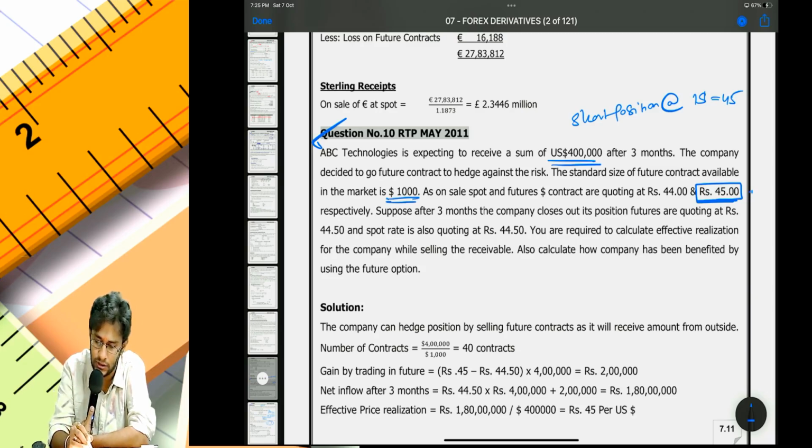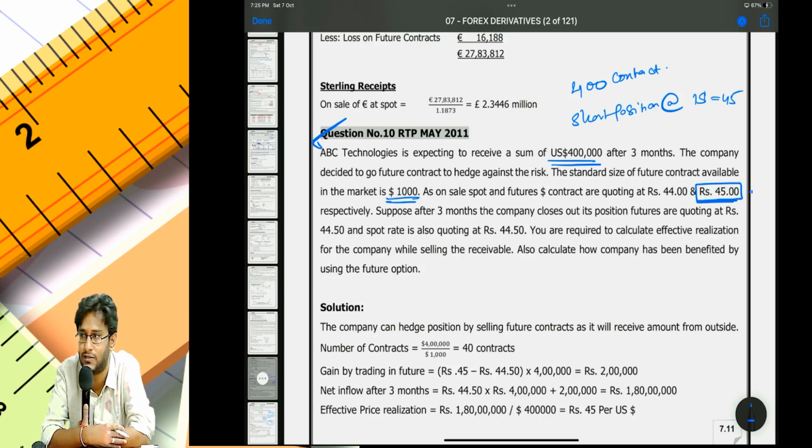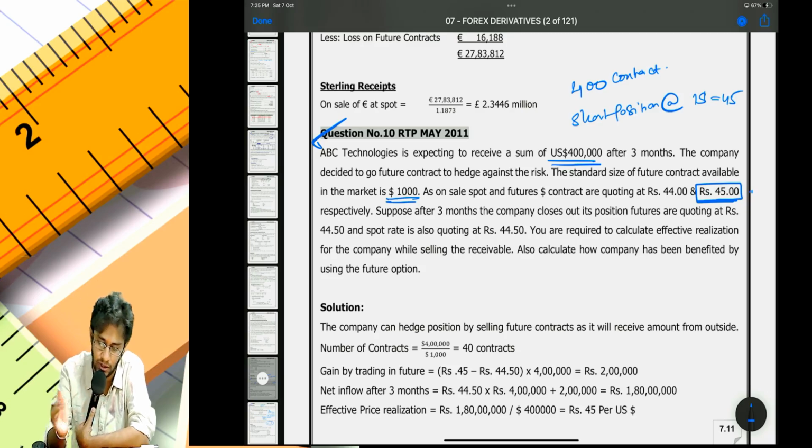How much do you want to hedge? 4 lakhs. So how many contracts do you have to take? 400 contracts. Tell me, sir, is it perfect hedging or is there any difference? Perfect hedging.